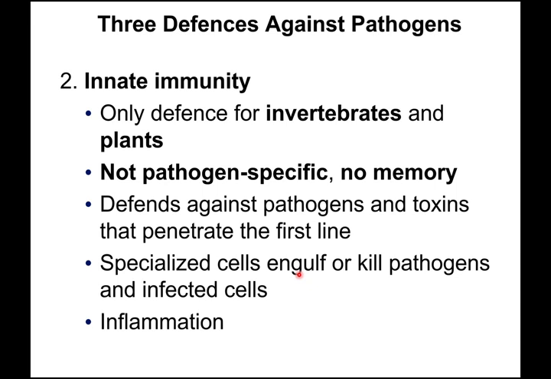So it fights anything that comes in. Its activation is non-specific, is not caused by the presence of a specific pathogen, but it just reacts against any pathogens. And as a consequence, it does not produce any memory. So it's not that if you get exposed to the same bacteria twice, the innate immunity will get any stronger the second time. It's always at the same level.